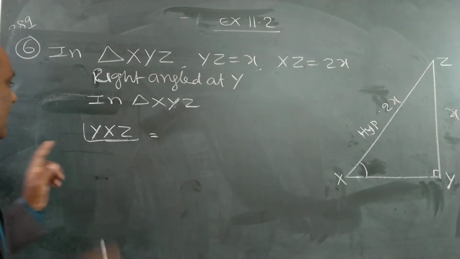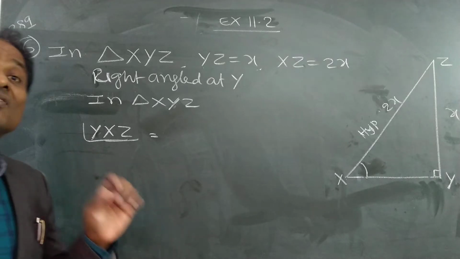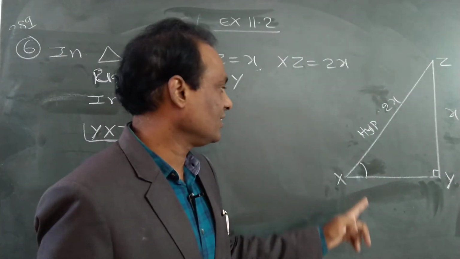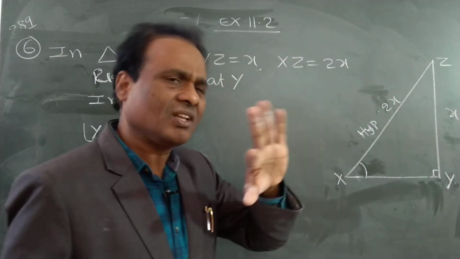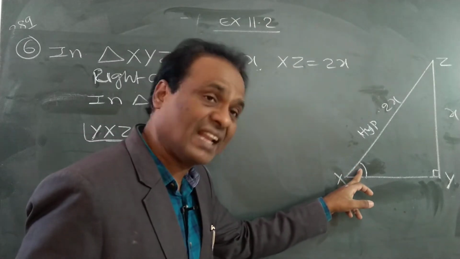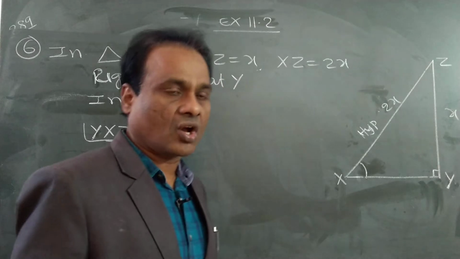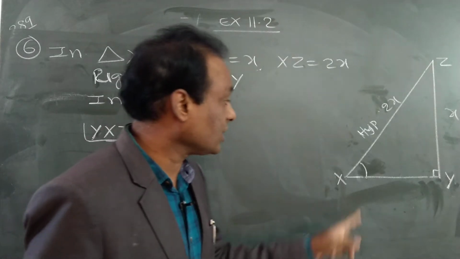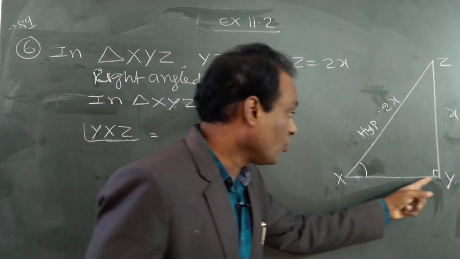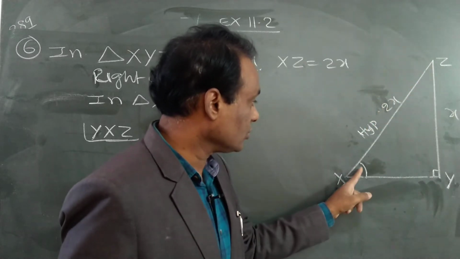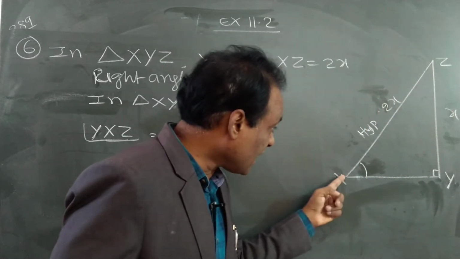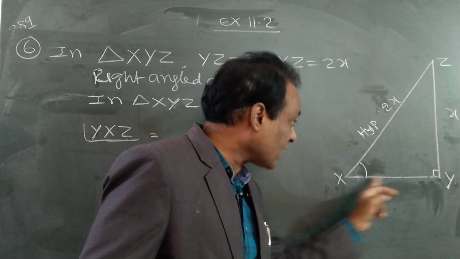What is angle YXZ? We have three angles here, and we can name them in different ways. We can call it angle X, angle Y, angle Z. That is one option. Second option, we can call this angle YXZ or ZXY.